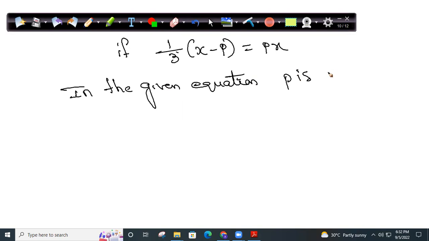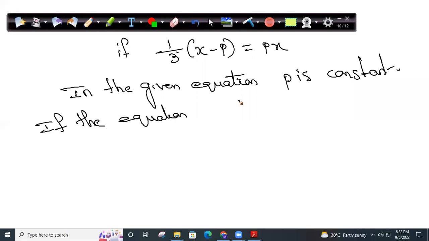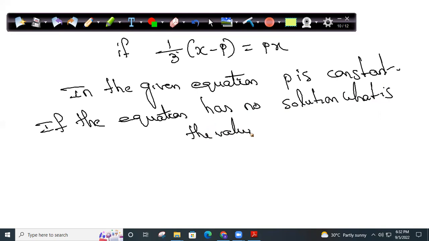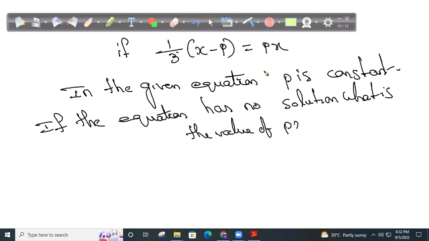If the equation has no solution, what is the value of p? Simple. They are writing it differently just to terrify us, just to make our life difficult. But if you understood what I said, you will answer this question in 1 second.